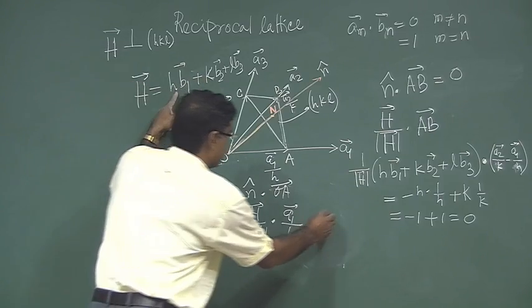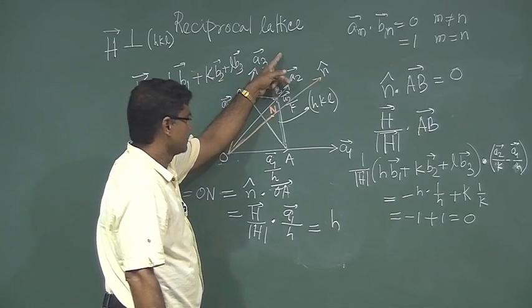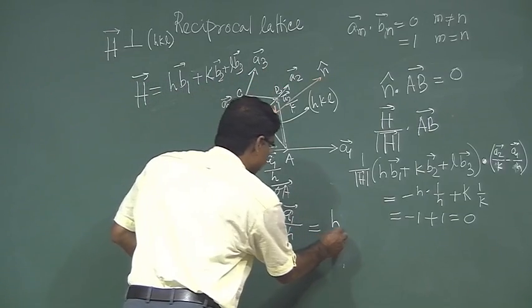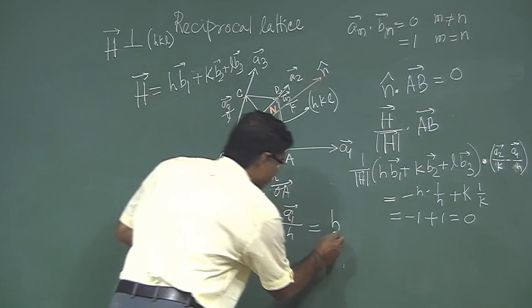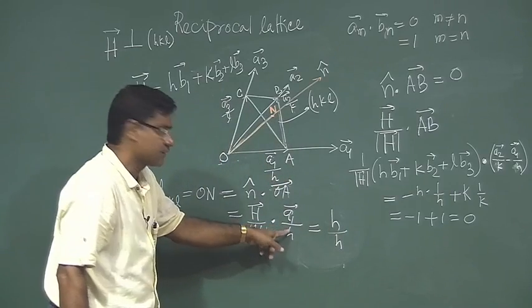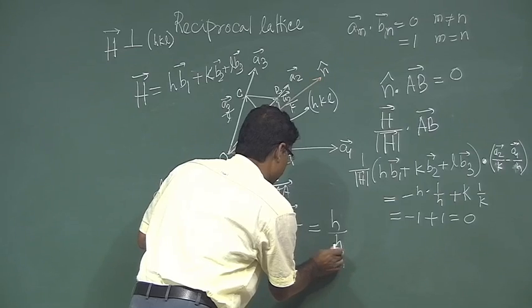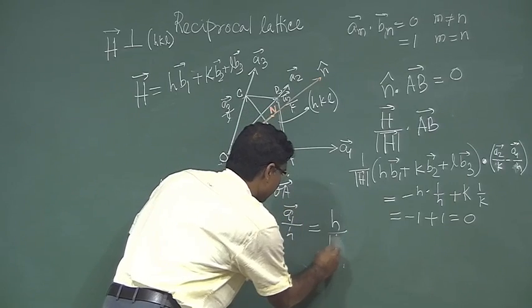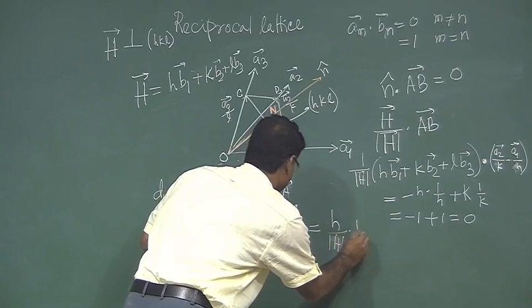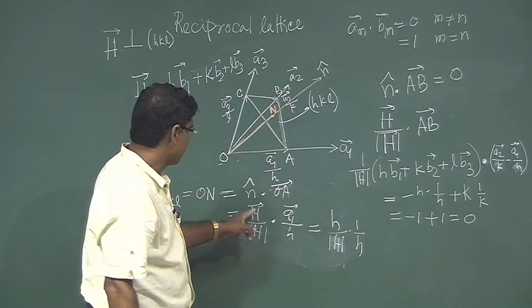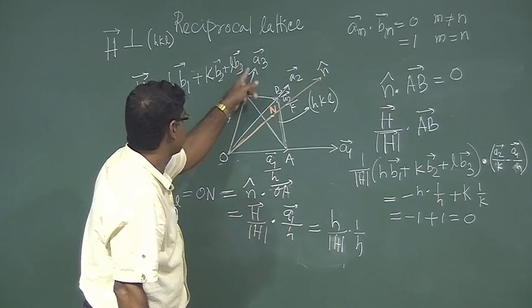So I will get H B1 dot A1, that is 1, into 1 by H. So B1 dot A1 is 1 and the other terms will give 0.